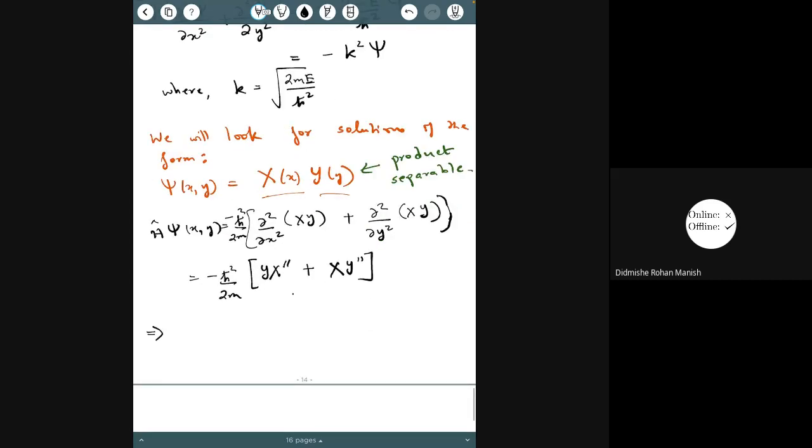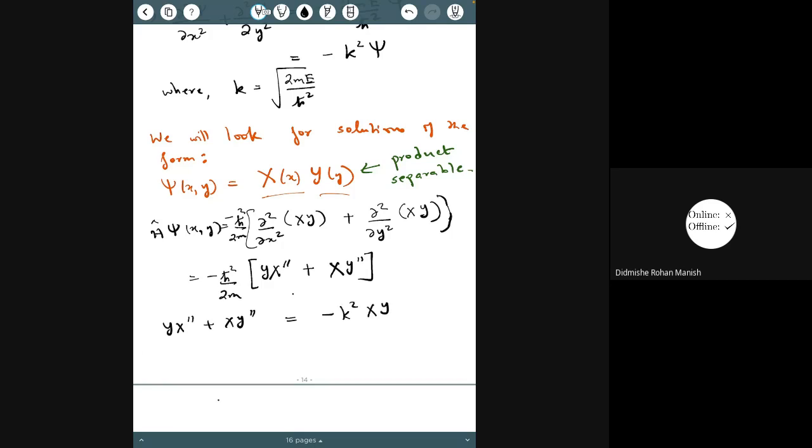So then we can write, so now I'm getting rid of the constant again. I hope that is not a problem. So we have y x double prime plus x y double prime is equal to minus k square x y.